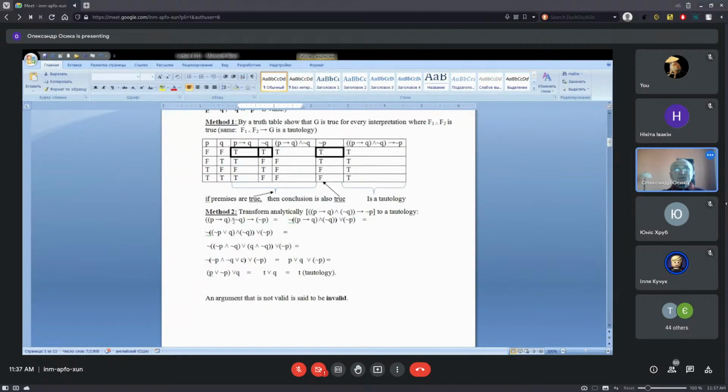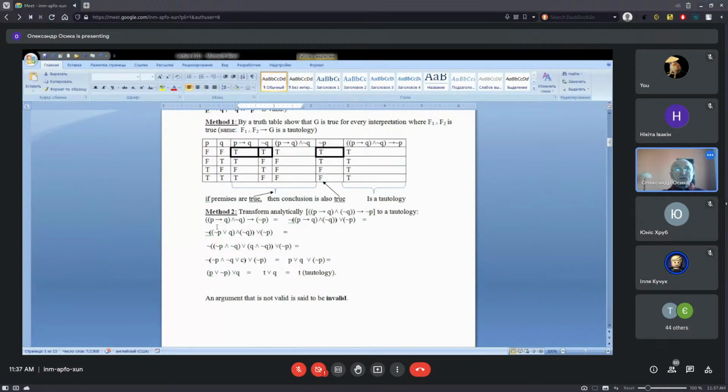Method 2, the second method: transforming analytically the formula P implies Q and not Q implies not P to a tautology.